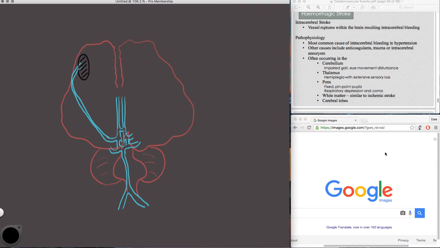If we think about the cerebral lobes, it's going to cause very similar signs and symptoms to a typical stroke. Depending on the area of hemorrhage, the signs and symptoms are going to be specific to that area.